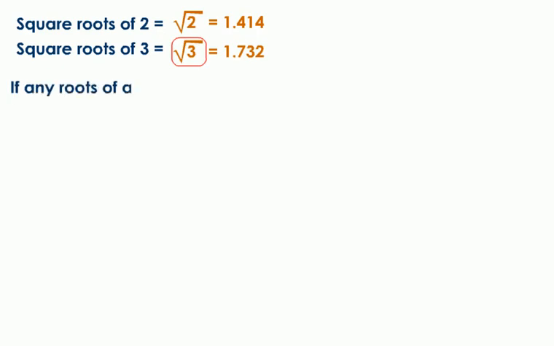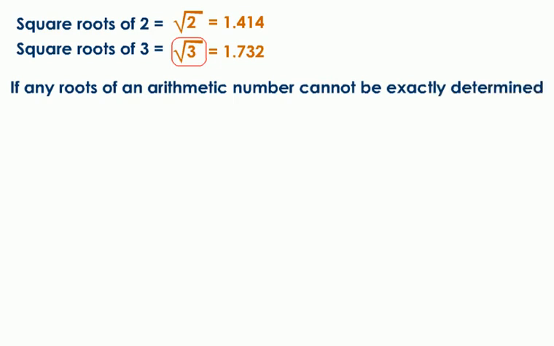If any root of an arithmetical number cannot be exactly determined, then it is known as a surd.